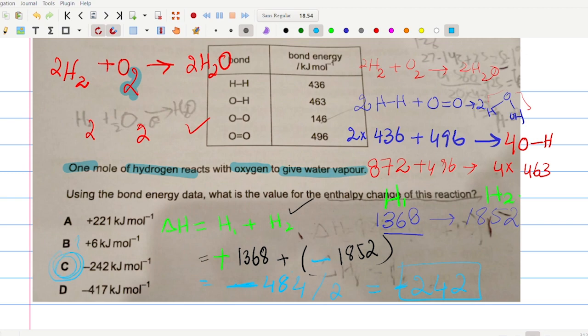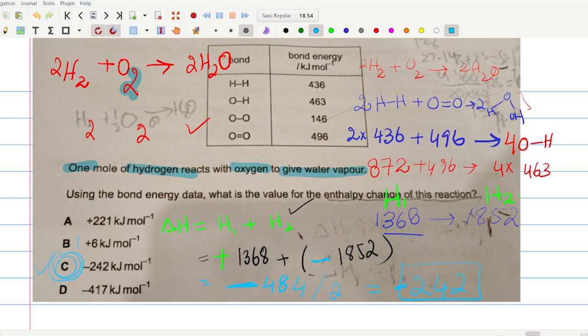Ma'am, here we have taken the product as minus and the reactant as positive. Exactly. Whenever bonds are formed, it will be reactant plus product, but the sign value with the product will go with the minus charge.